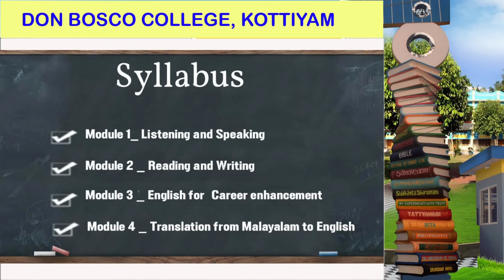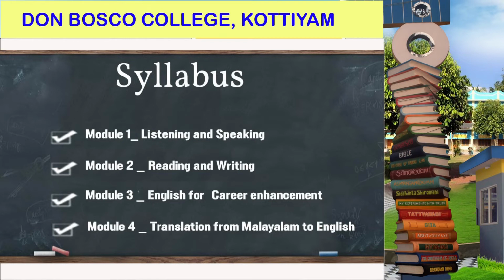Now let's check the syllabus of the paper Communicative Applications in English. I have already mentioned students from other streams can opt for this paper except BA English. You may wonder why an open course paper like this is included in your syllabus. This paper is titled Communicative Applications in English.